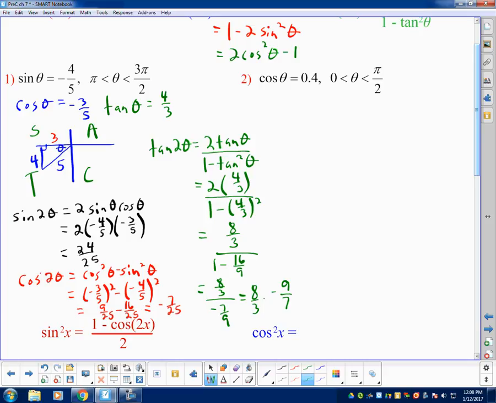And so we can simplify here. 1, that's 3, and multiply straight across, negative 24/7. So I was just applying each of those 3 formulas.